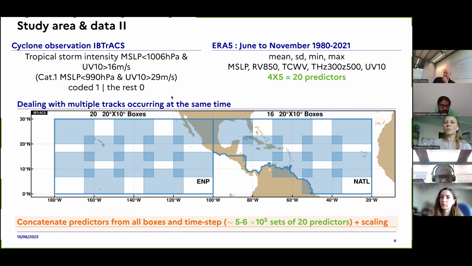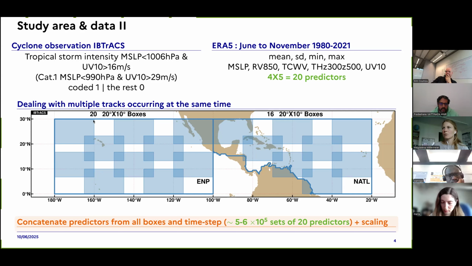But this does not really improve any of the results. Here what I did is a hybrid method, because the occurrence is based on the random forest, but then the position is based on the deterministic position of the sea level pressure minimum. So this is how I reconstruct my tracks.